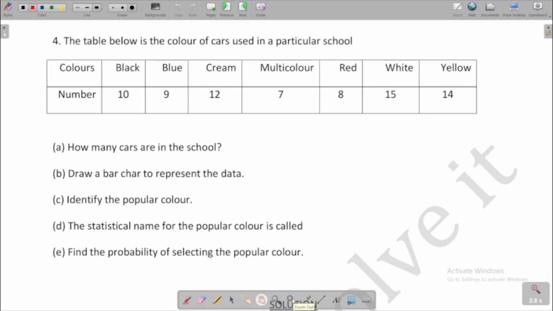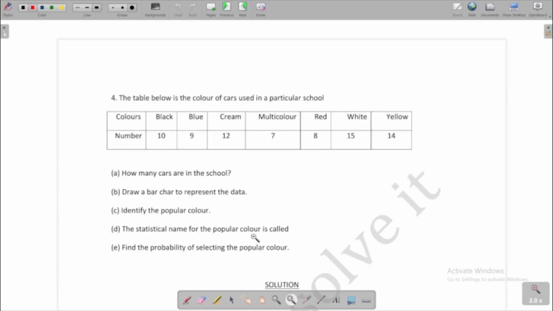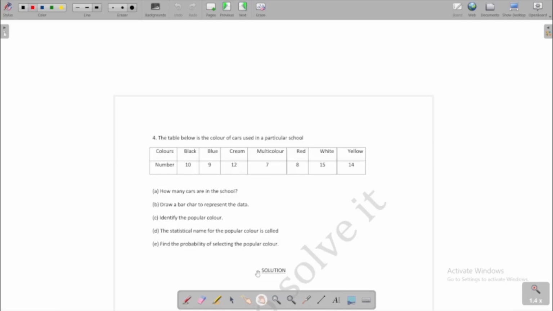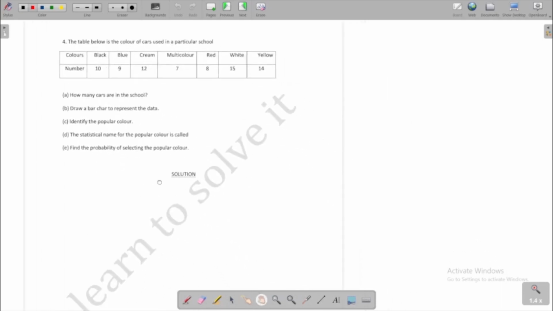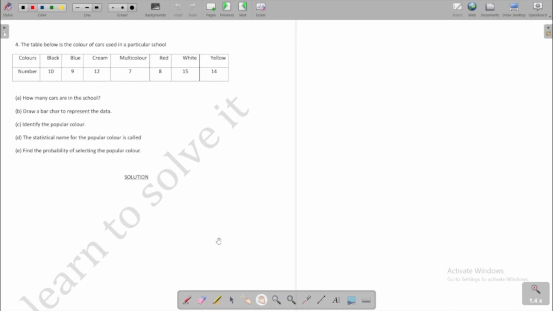So let's bring this down a bit. The first question, 4A, says how many cars are in the school.